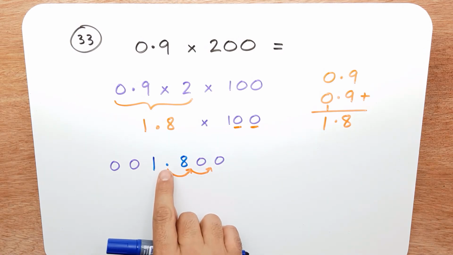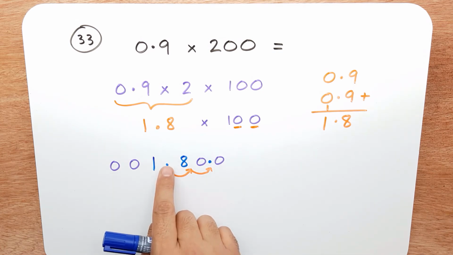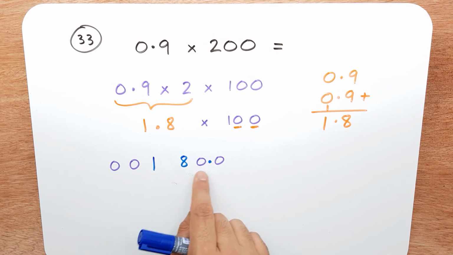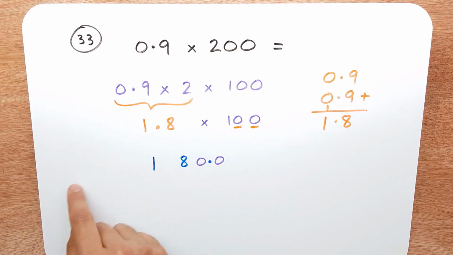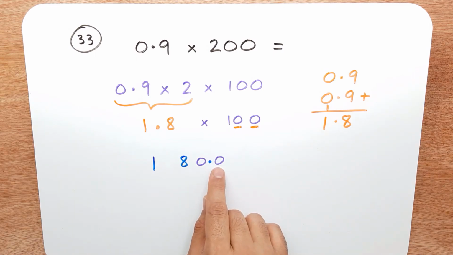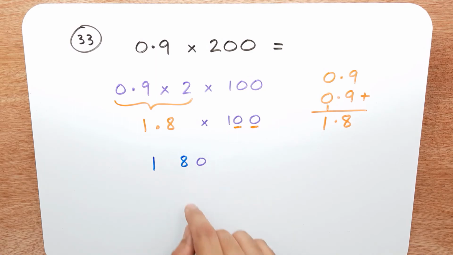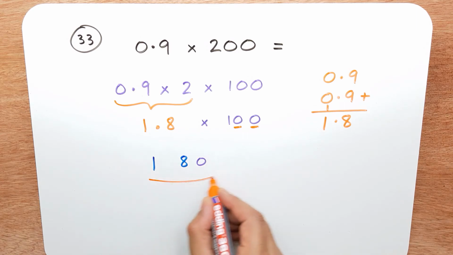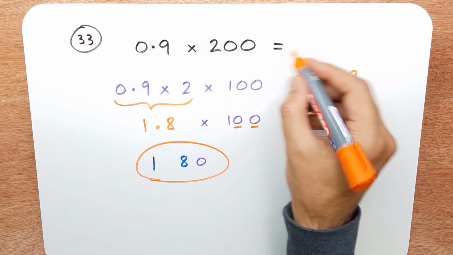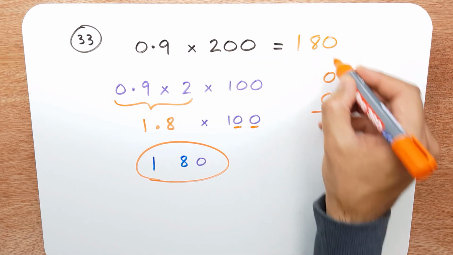So now this decimal point has ended up here. So we can get rid of this. And these 2 leading zeros we don't need, so let's get rid of them. And finally, this 0 we don't need, and this decimal point we don't need. So we are left with 180, as before. So 0.9 times 200 is 180.